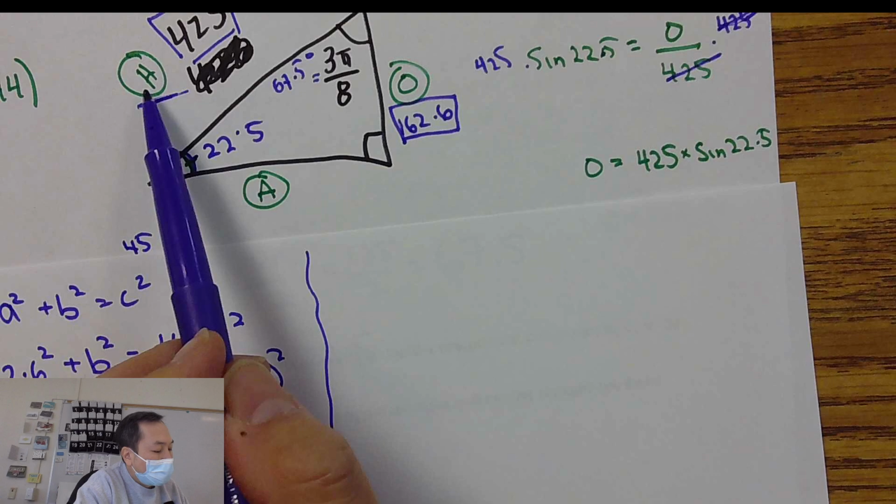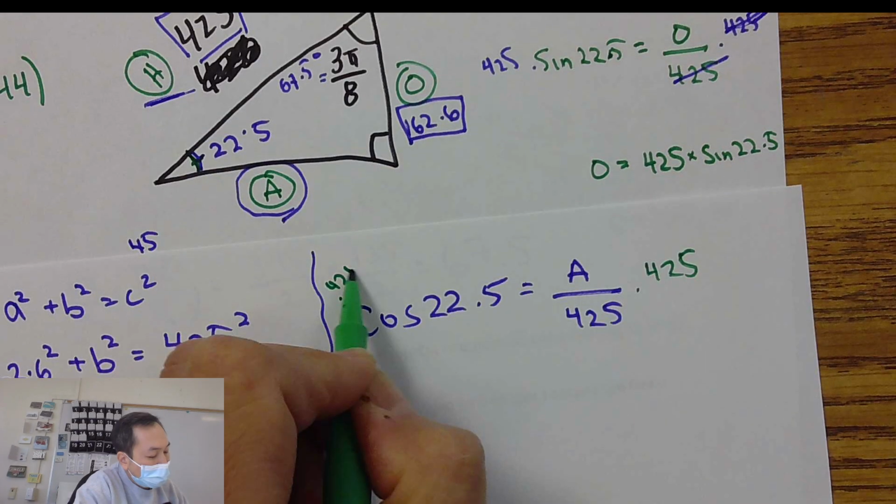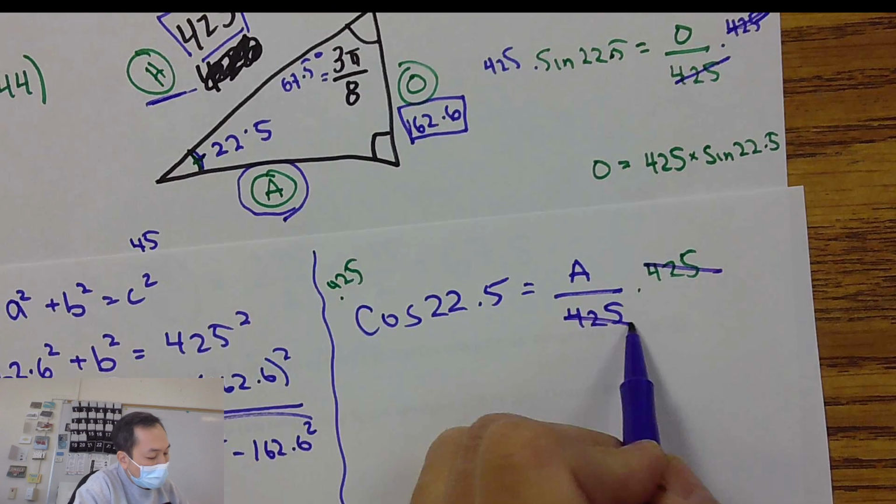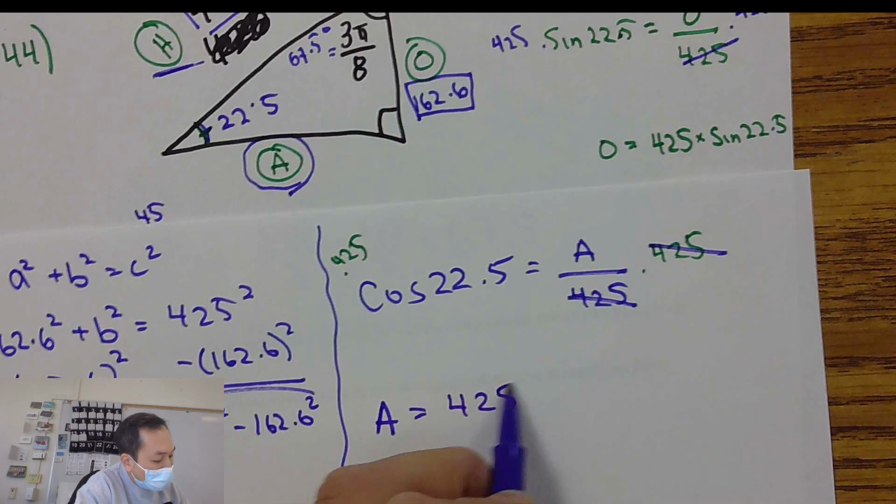Cosine. So the cosine of 22.5 equals adjacent A over 425, which is my hypotenuse. Again, multiplying both sides by 425 to get rid of this, A equals 425 times cosine of 22.5.